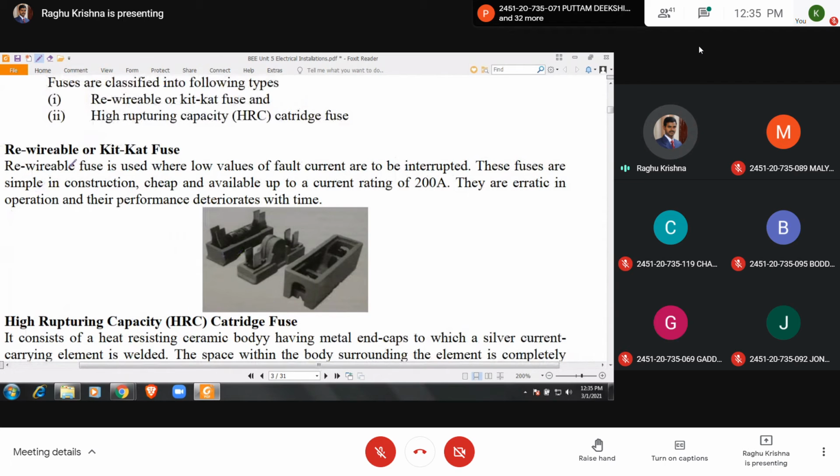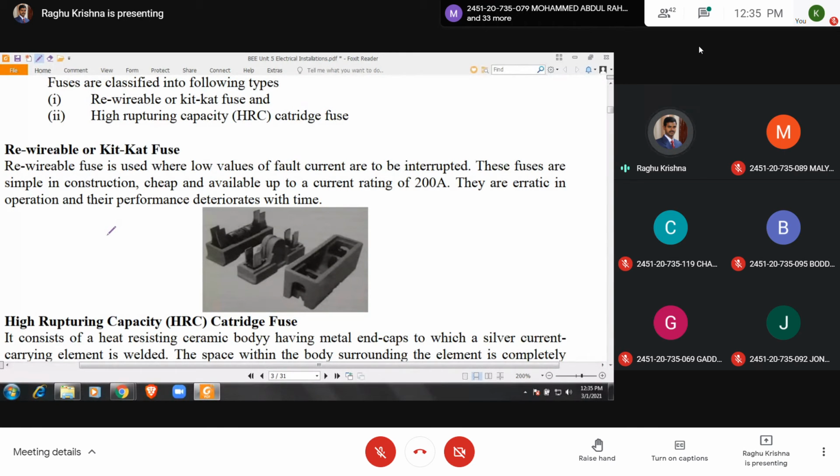So once the fuse blows, we can put a new fuse wire. You can replace the broken fuse and rewire. So rewirable or KitKat fuse.